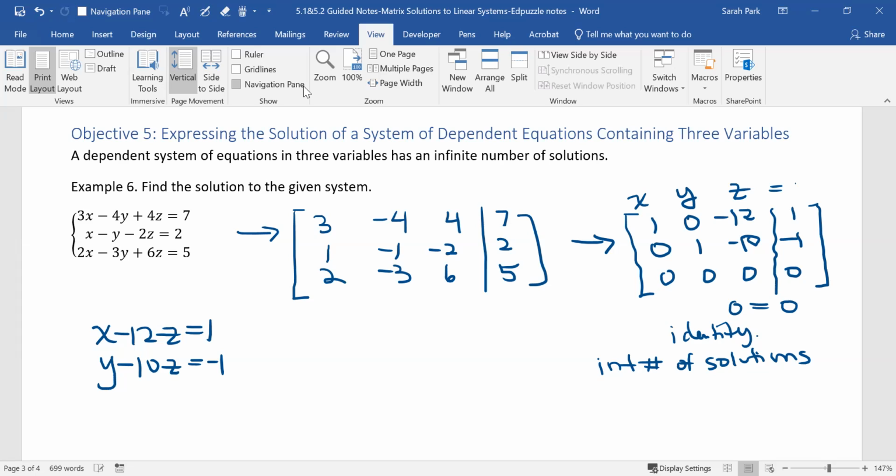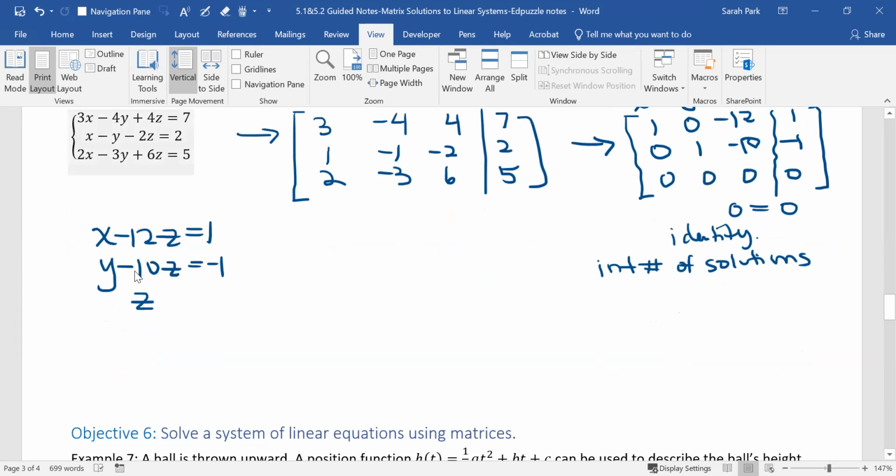The last row is just z is equal to z. Okay, so let's isolate the x from x minus 12z equals 1. Well, we can add 12z to both sides and get that x is equal to 1 plus 12z.